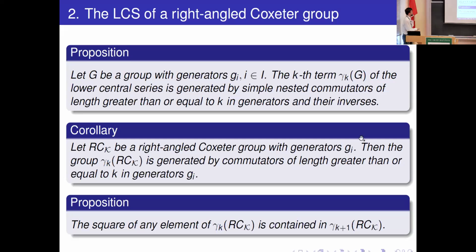Then the group gamma k is generated by commutators of length greater than or equal to k in generators g_i, because g_i is inverse to itself. The square of any element of gamma k is contained in gamma k plus 1 for a right-angled Coxeter group. This is important.